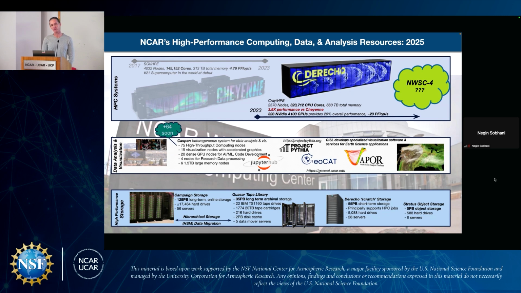Certainly in NWSC4. It's not clear that we have a really cost-effective way to do that in Derecho's lifespan because of the way the memory is laid out. But we're formulating what we call the SRAP, the Science Requirements Advisory Panel for NWSC4 right now, and that's definitely an input that we've got captured already, but we'll want to get some quantitative inputs from you on that. Thank you.